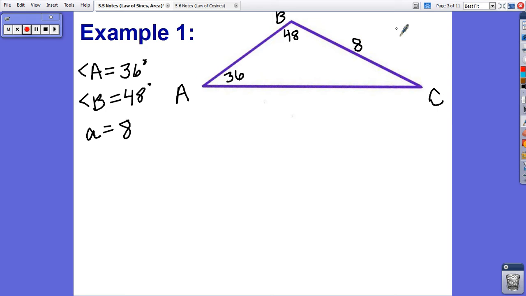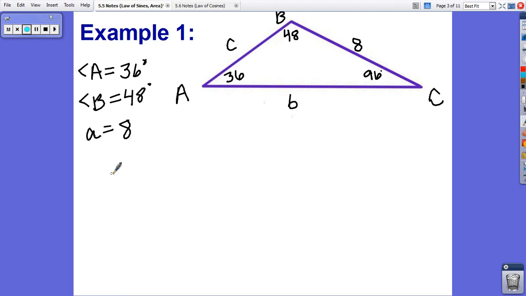Now right away we should be able to find angle C because you learned in geometry that all 3 angles add up to 180. So when you subtract 36 and 48 from 180, you get 96. So angle C is going to be 96 degrees. The picture is obviously not drawn to scale.